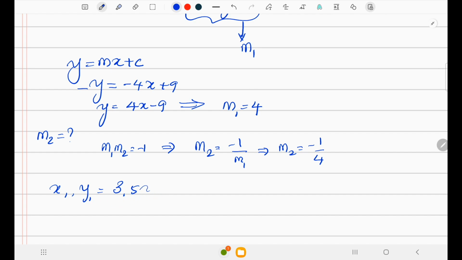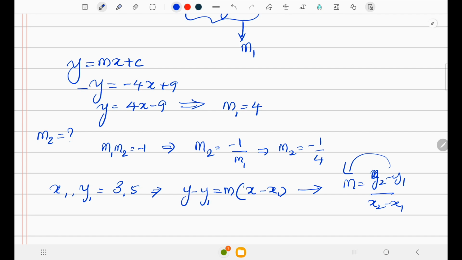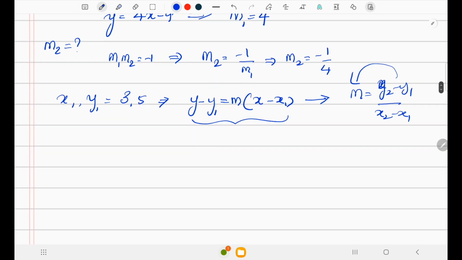So from the point, we know that the line equation is y minus y1 equals m times x minus x1. This is derived from the same thing what we have, m equal to y2 minus y1 divided by x2 minus x1. So from here we have derived this equation.